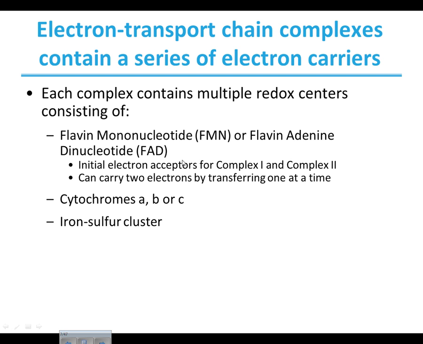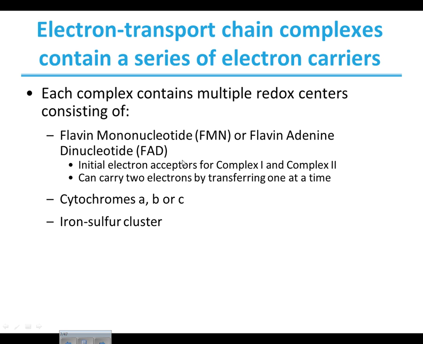Okay. So if the electron-transport chain is allowing electrons to move from one thing to another, we've got to have some proteins in there. And within those proteins, we have to have some molecules or some structures that allow the binding of electrons. And we call these electron carriers. There are three major types of electron carriers that we're going to see throughout this.